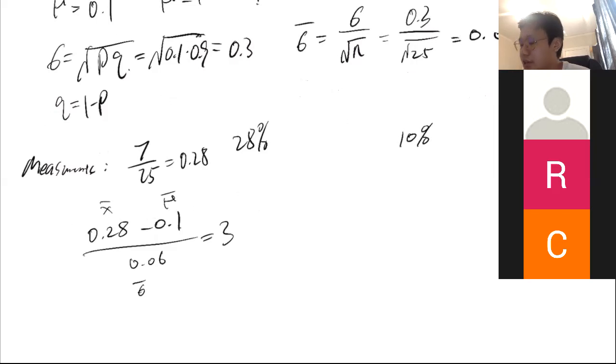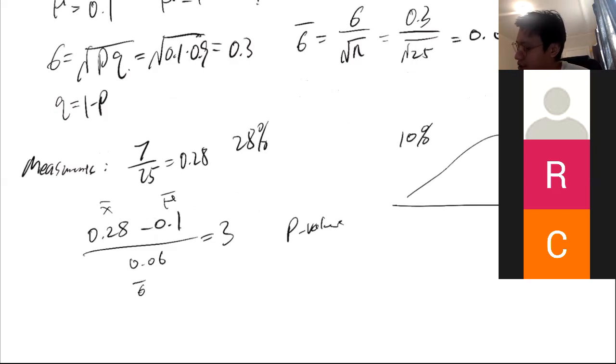We know that the z-score is 3, so for the p-value, the graph is the same as the previous graph I wrote. This is z-score equal to 3. So the p-value is equal to the probability of half minus z of 3. Because it is symmetric, on this side there's half of the values, and we know that z of 3 is the region here.